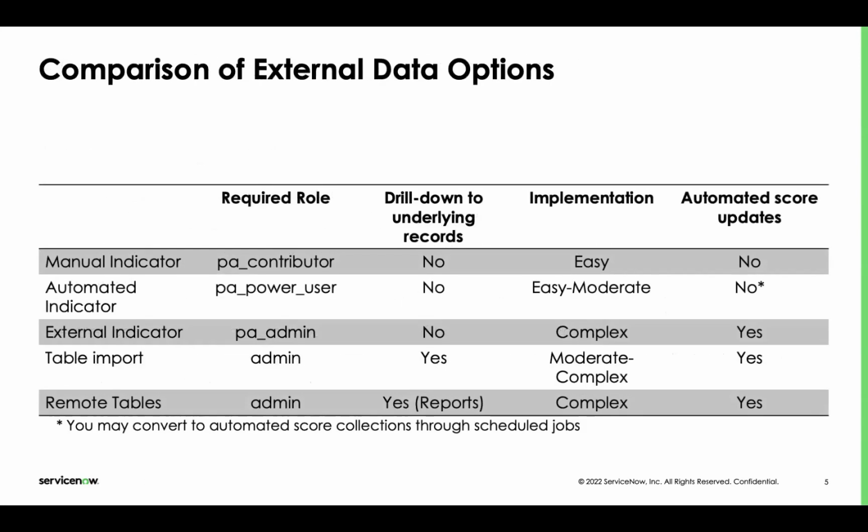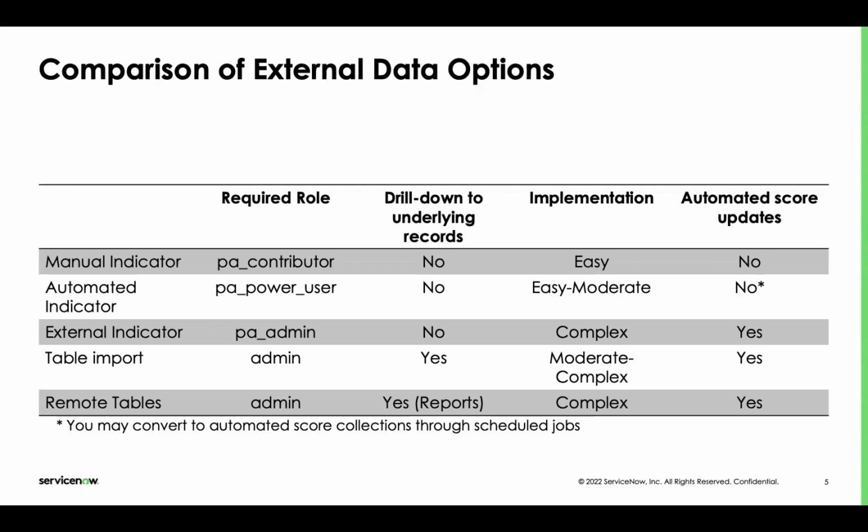Here's a quick slide to look at these different external options at a high level, along with some of the considerations, and then we'll go into these considerations in more detail for each of them. The easiest, obviously, is a manual indicator.